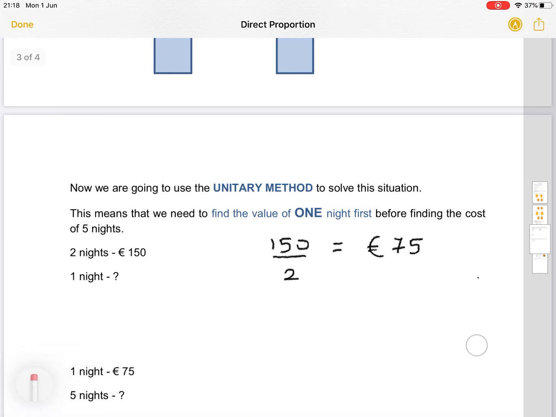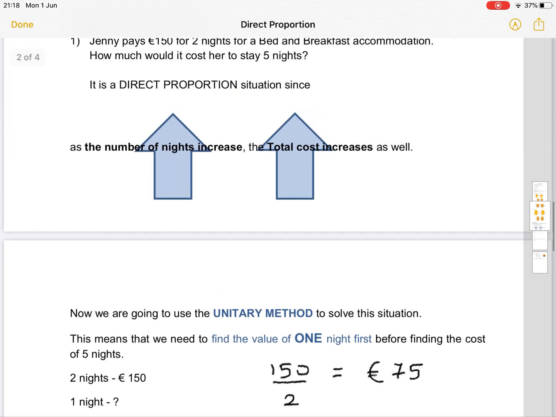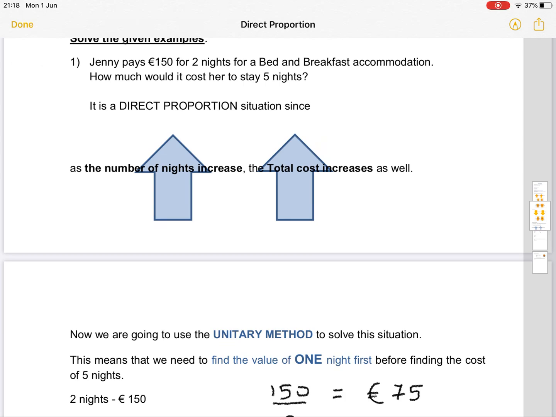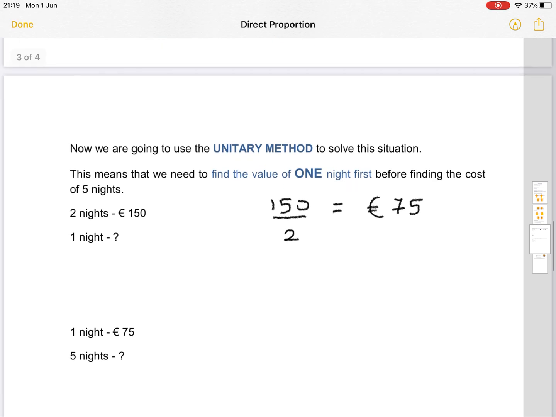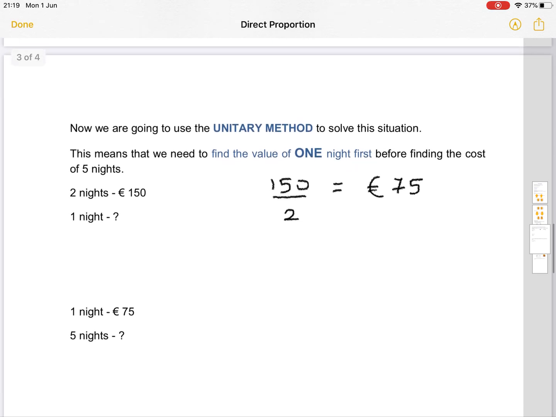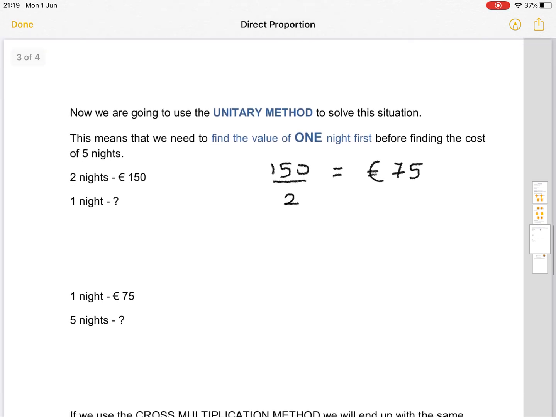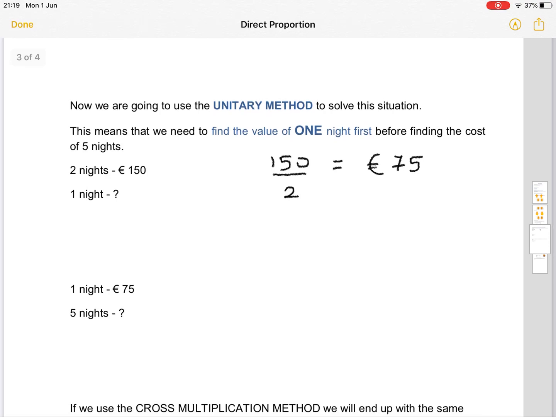Now, but I am not asked about the value of 1, right? I need to find the value of 5 nights, right? So I'm going to find the value of 1 night, and I know now the value of 1 night, and I need to find the value of 5 nights. 1 night will cost 75 euro, so 5 nights, how much will it cost?